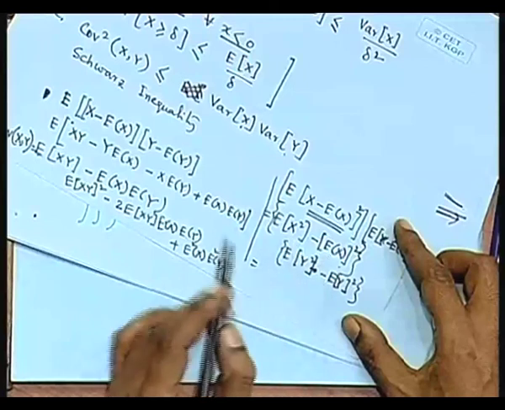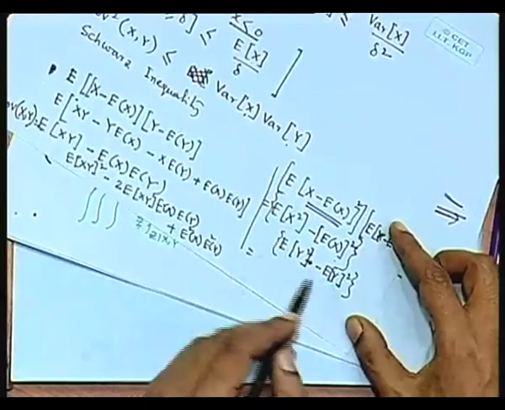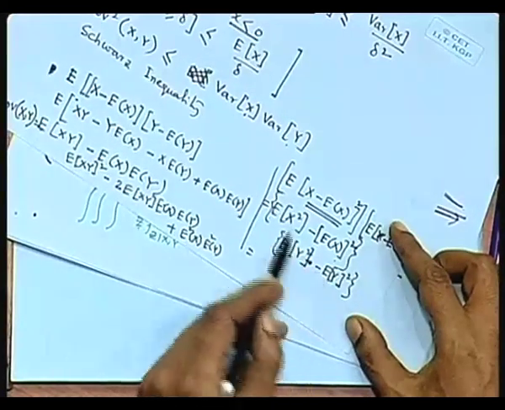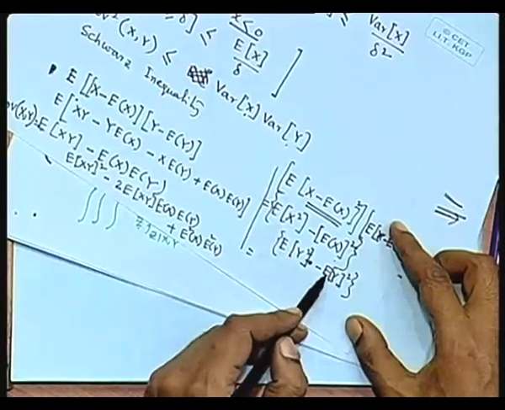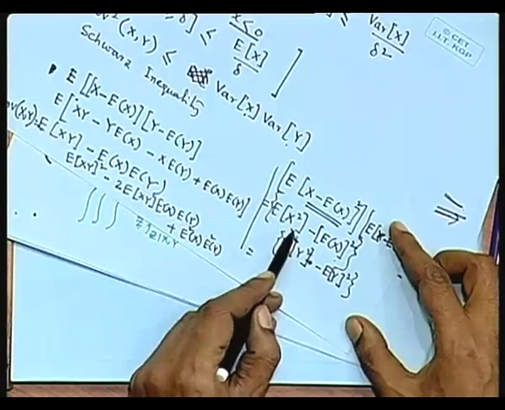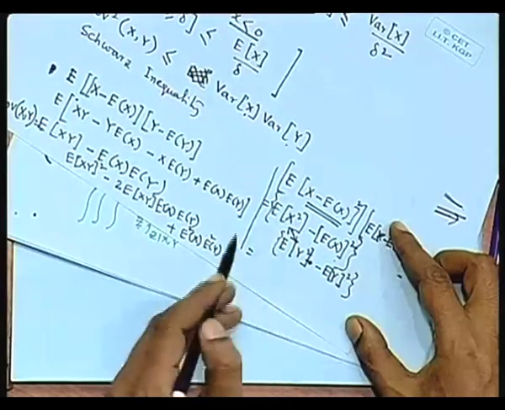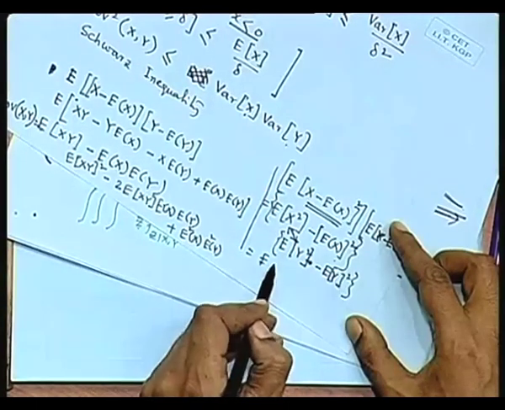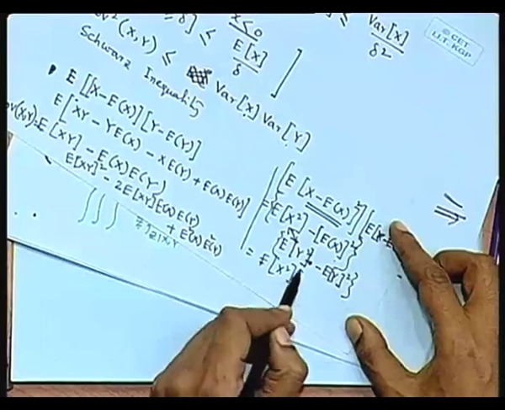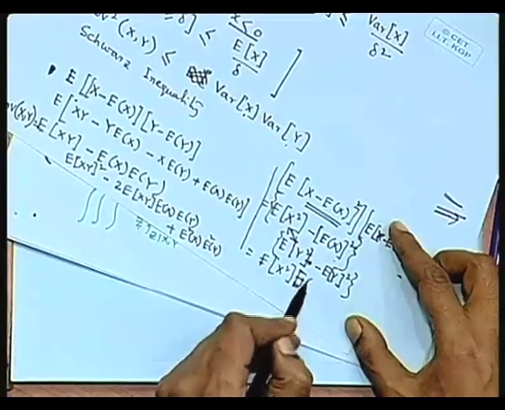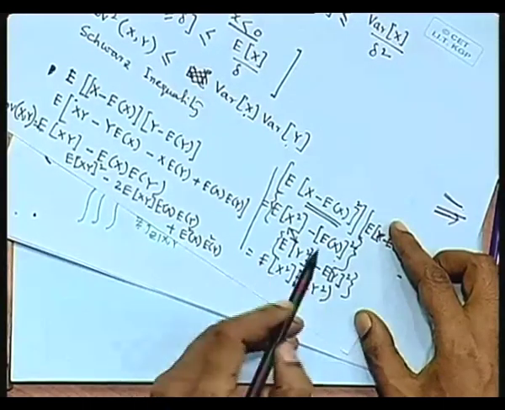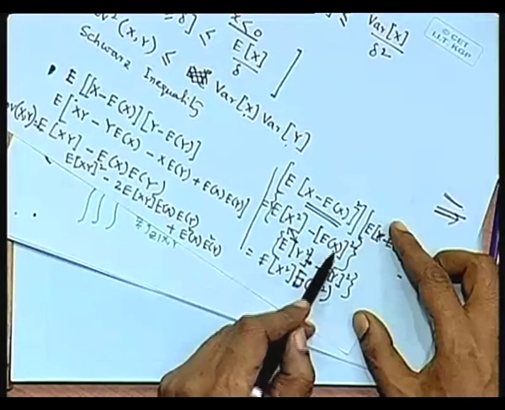And on the other side, if you multiply, you get expectation of x square into expectation of y square, and expectation of x whole square into expectation of y whole square.